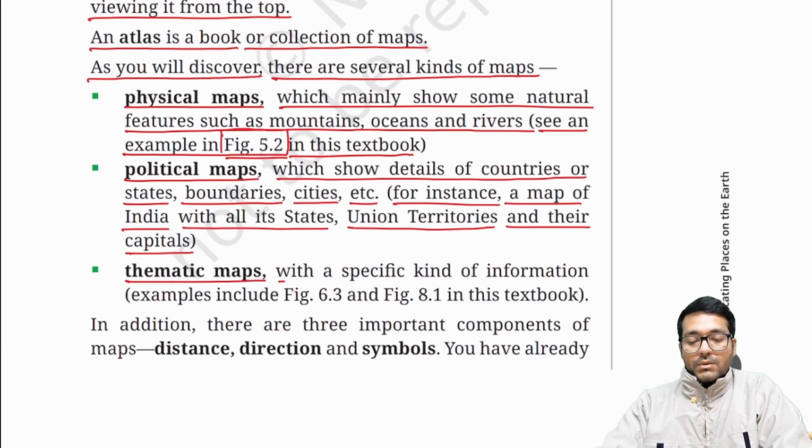Thematic maps with a specific kind of information. Examples include Figure 6.3 and Figure 8.1 in this textbook. Let's move to Chapter 6 and Chapter 8 to see Figure 6.3 and 8.1.